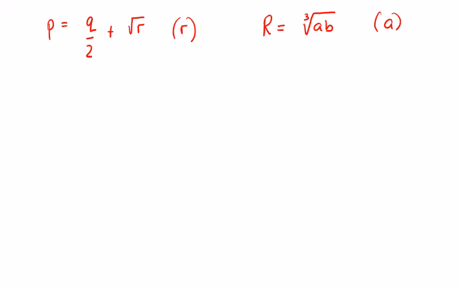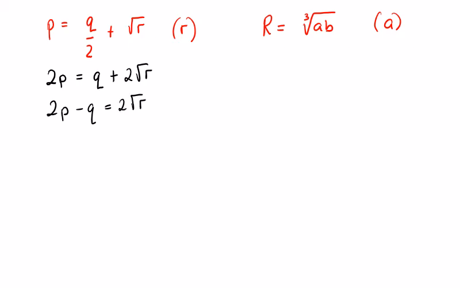So you want this one in terms of r. So we could multiply by 2, or we could bring the q over 2 across to the p. Well, let's multiply by 2 first. 2p is equal to q plus 2 root r. 2p minus q is equal to 2 root r.